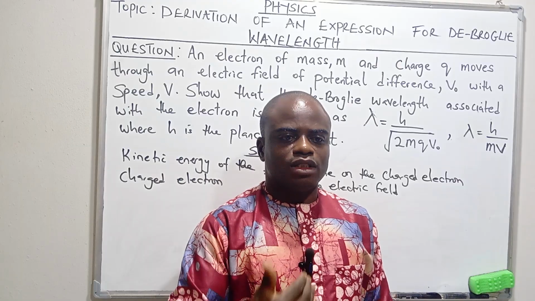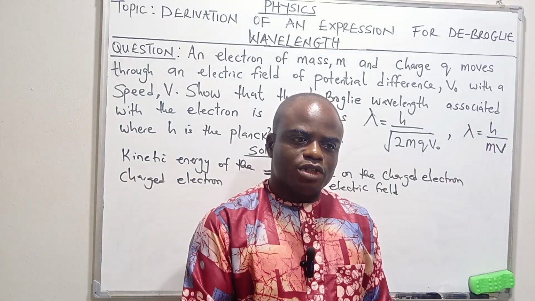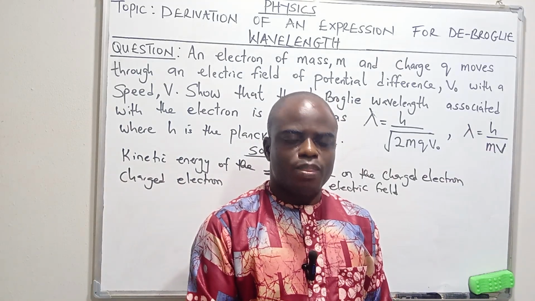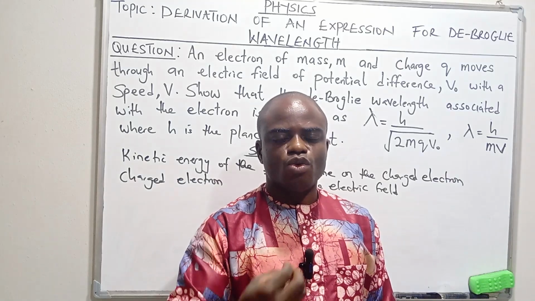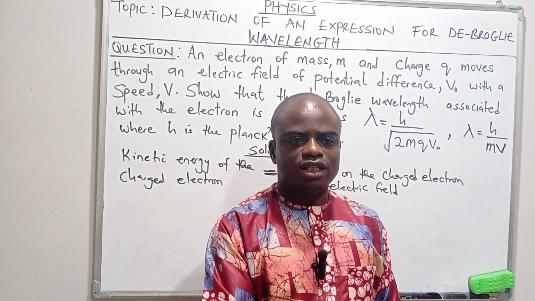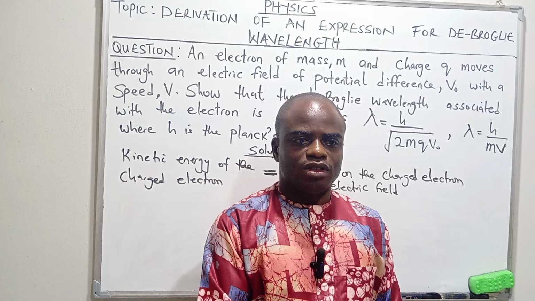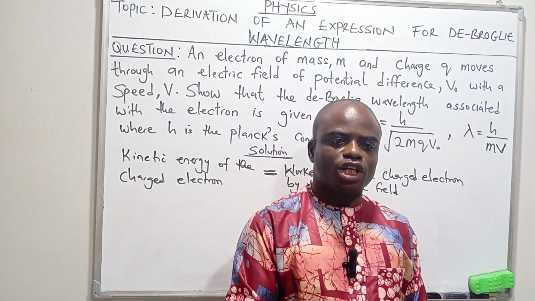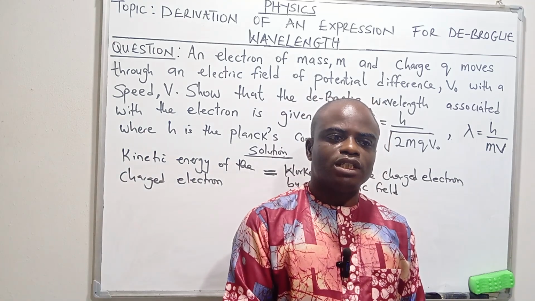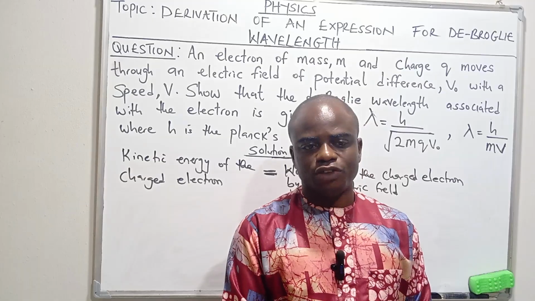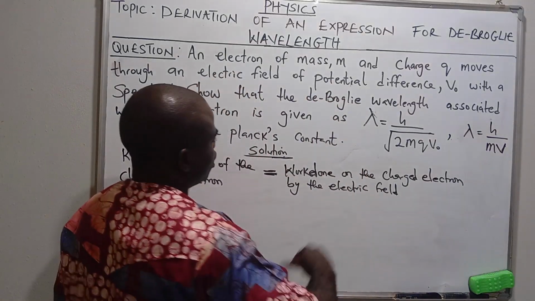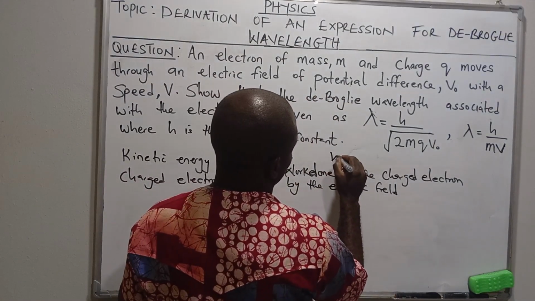Because of that, kinetic energy takes place because of the motion, and you equate it to the work done on the charged electron by the electric field, and the work done is charge multiplied by the potential difference, which is V naught.